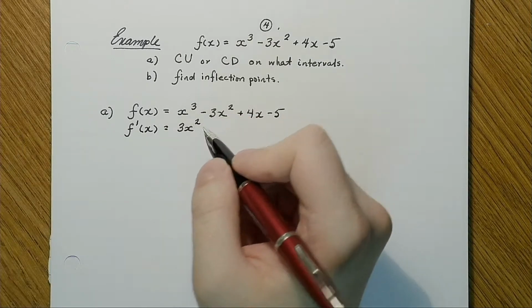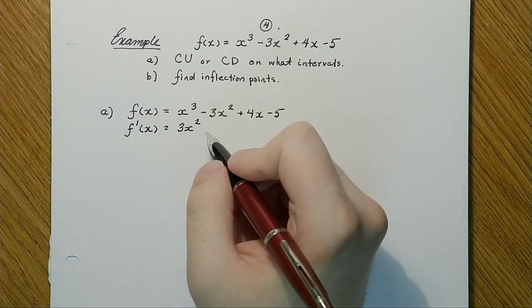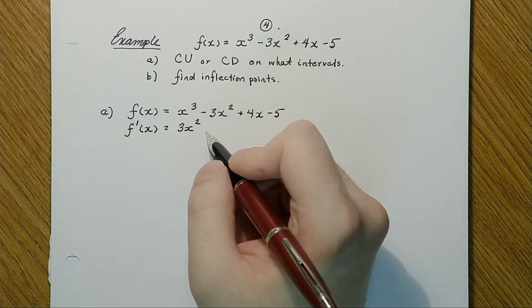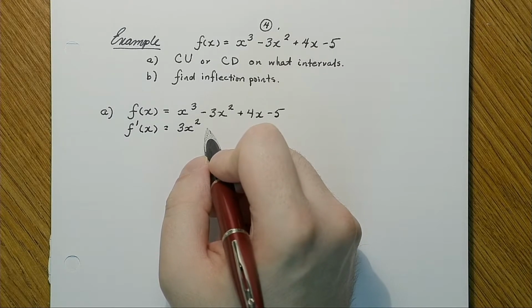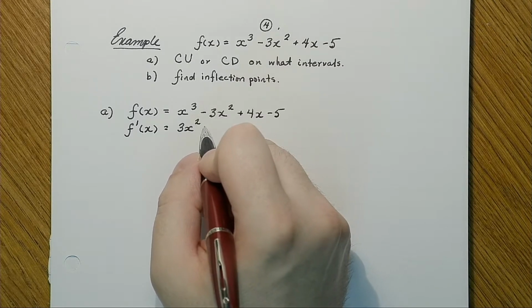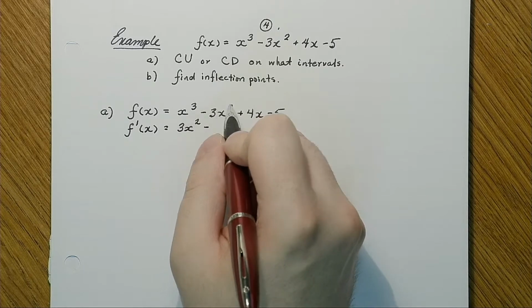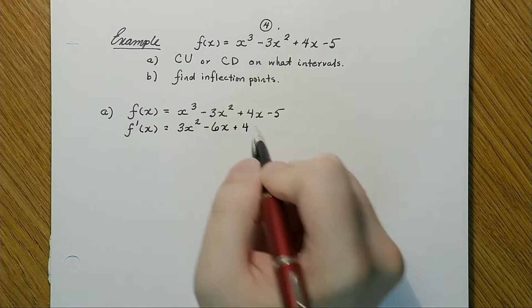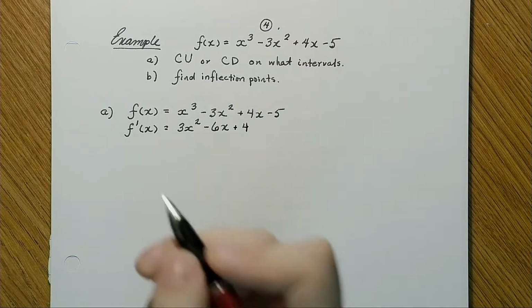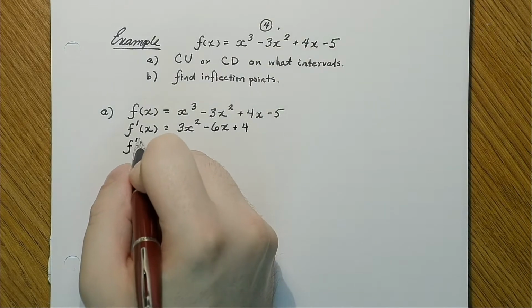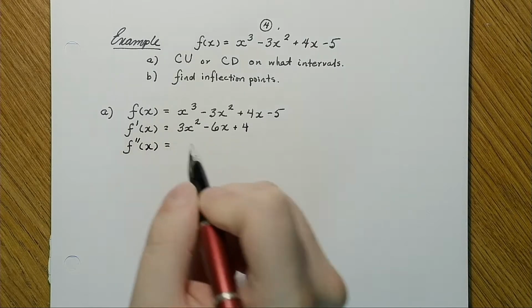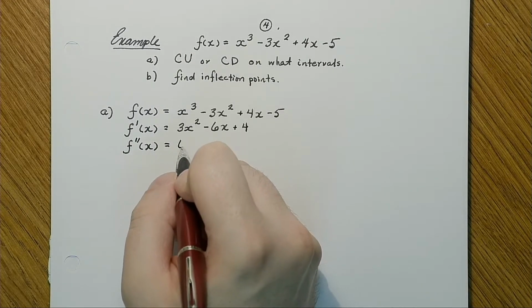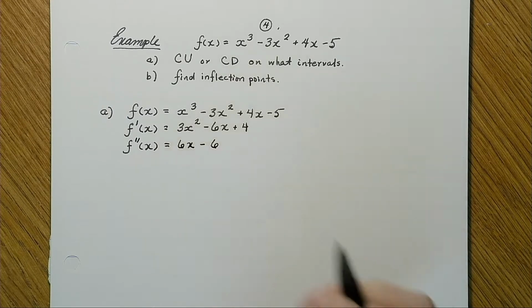Being able to differentiate a polynomial is one of the basic goals of this course. We have 3x squared, so then I have 6x plus 4. And I'm going to differentiate this again. So I have 3 times 2 is 6, x minus 6.